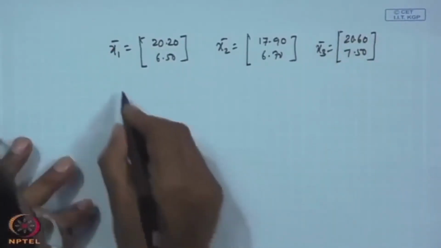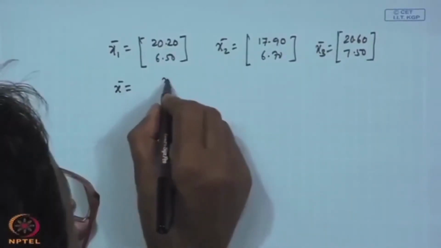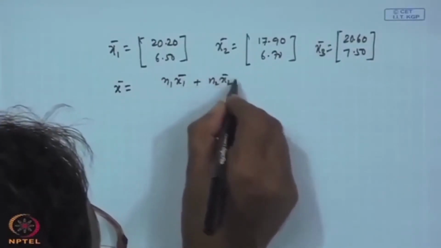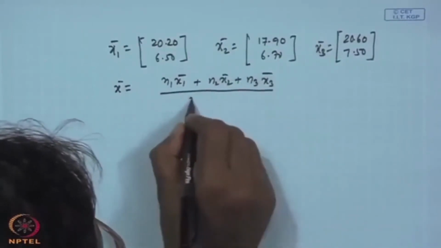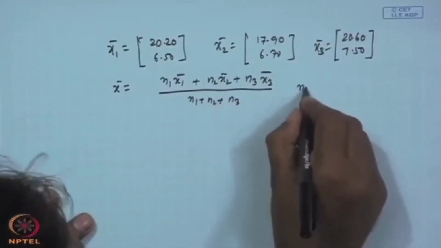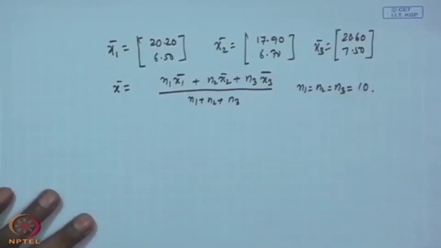Now, what will be your x bar? x bar will be n1 x1 bar plus n2 x2 bar plus n3 x3 bar divided by n1 plus n2 plus n3. Now, we have n1 equal to n2 equal to n3 equal to 10.